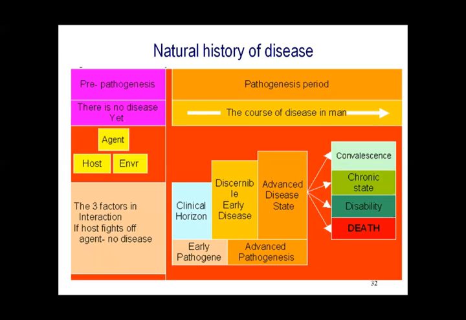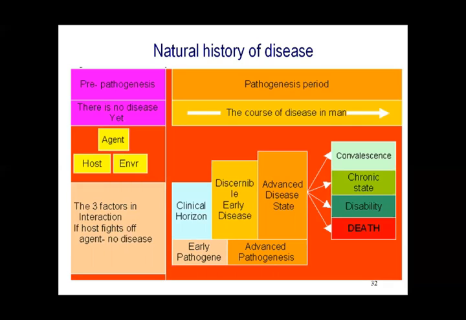For example, in the pre-pathogenesis period, there will be no disease yet. The course of disease in man, right? There will be no sign and symptom, but the pathogen will be there. There are three factors: agent, host, environment. These three factors will all the time be fighting with the disease.